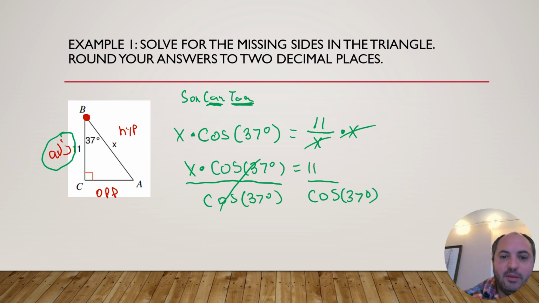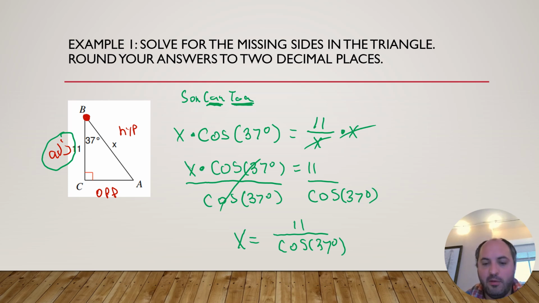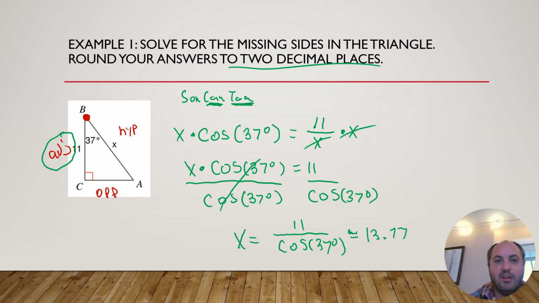And now this leaves us with x is equal to 11 divided by cosine of 37 degrees. So now if we want to figure out what that is, we can just go to our calculator, plug into the calculator 11 divided by cosine of 37, and we end up getting that this side length here is about 13.77 because I'm rounding to 2 decimal places based on my instructions here.